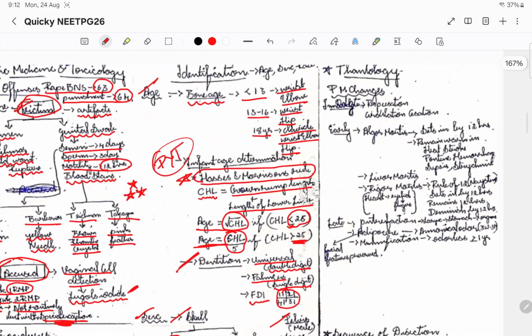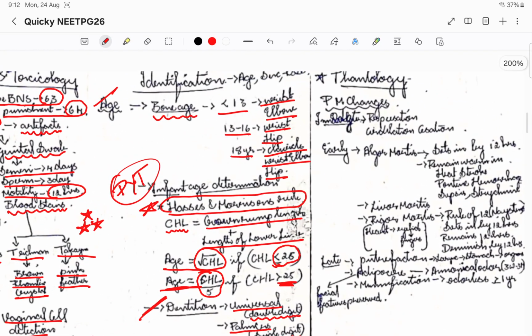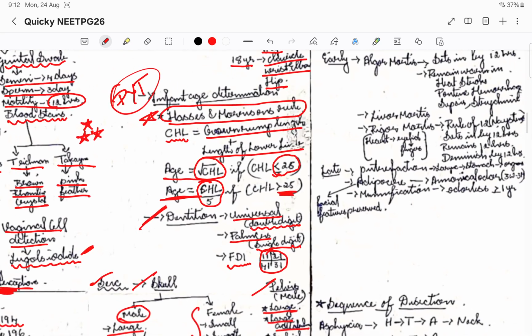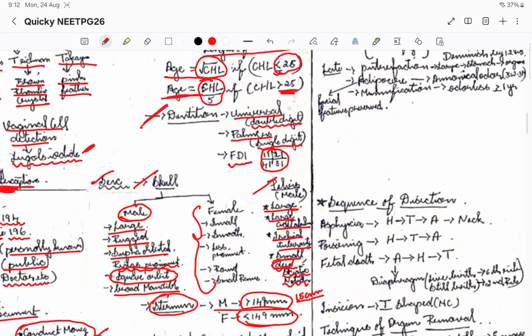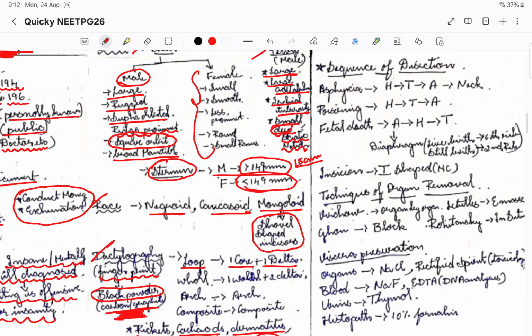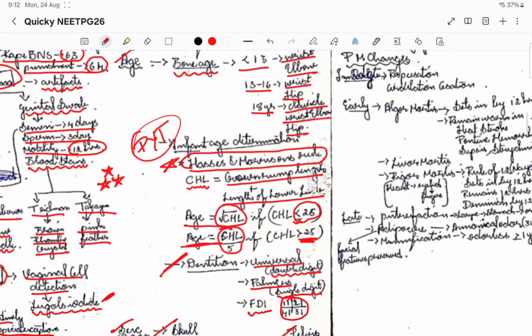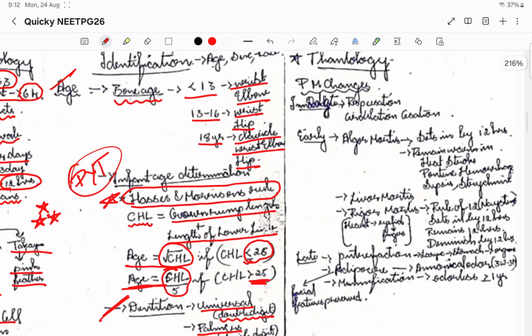Okay, then coming to thanatology, that is the favorite of us, right? Thanatology is the study of dead bodies that we do, all the post-mortem and all. So this is called thanatology. We'll be starting from the post-mortem changes that occur, and then we'll see how the dissection and viscera preservation is done when we go for post-mortem.